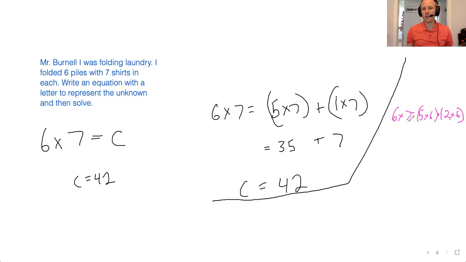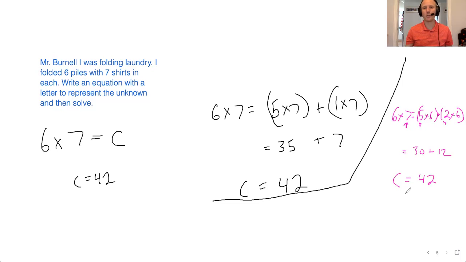Again, I have a total of 7 shirts in each, so here I'm showing 5 and 2, which adds up to 7, and my 6 stays the same all the way along. So that equals 5 times 6 is 30, 2 times 6 is 12, 30 plus 12 is still 42.